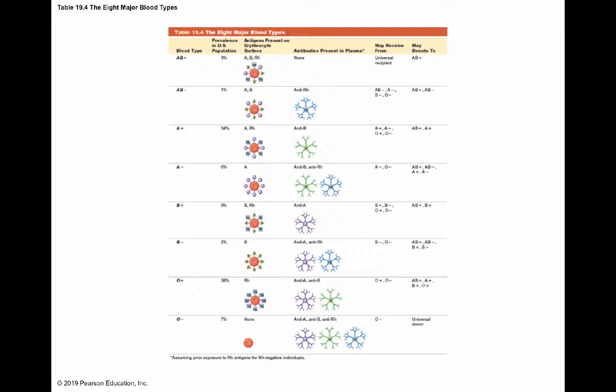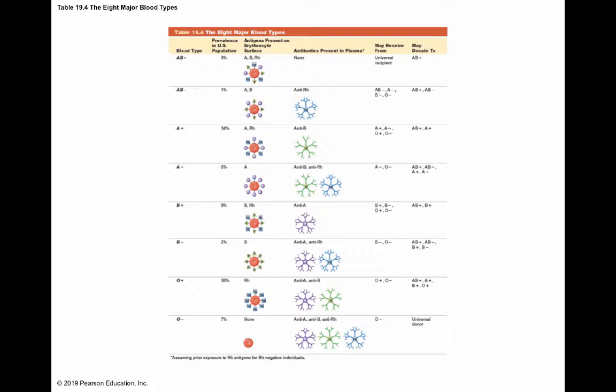When we talk about blood typing, we need to take into consideration the fact that our bodies will recognize foreign things that come in and will try to protect us from them by producing antibodies against any foreign antigens.